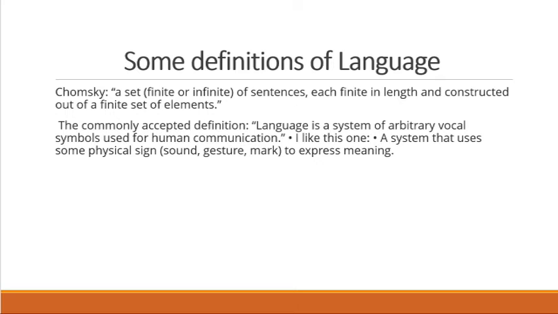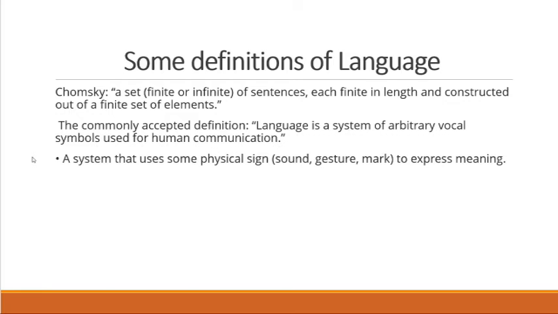Okay, and all those words are also made of a finite set of elements. It means the letters, that is A B C, the alphabets. So these finite alphabets combine and generate a finite set of words, and these words combine and generate an infinite number of sentences. This is the way the language works.